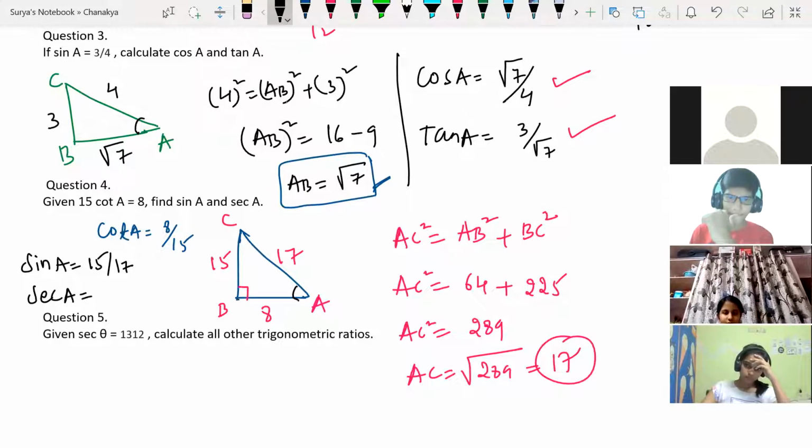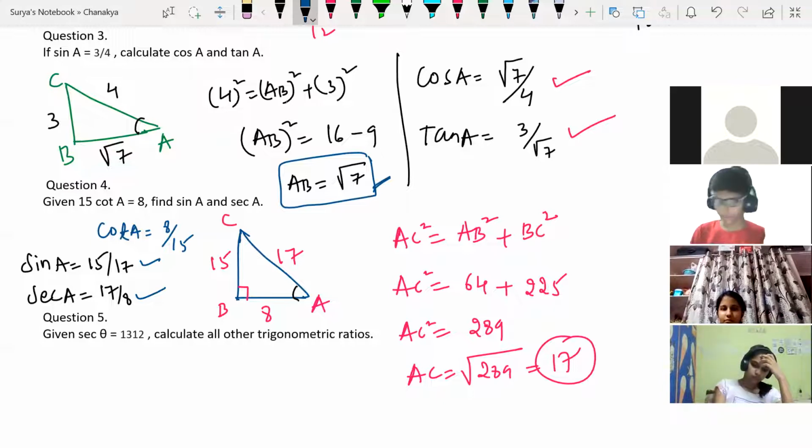Secant A can be written as what? Hypotenuse by adjacent, 17 by 8. Clear? So this is what I got. How many of you got this? I got that, sir. Yes, sir.